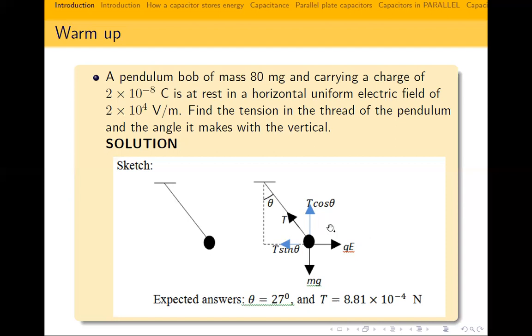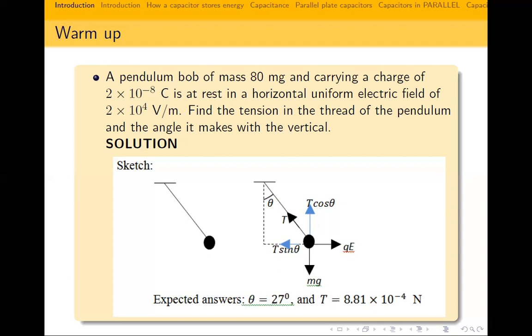So there's an electric force that is pulling the mass towards the right. Now, the tension, because it is diagonal, must have two components. It must have a horizontal component, which is T sine theta, and it must have a vertical component, which is T cos theta. So once you have put all the forces involved in your system, the next thing to do is to recognize that the bob is in equilibrium.